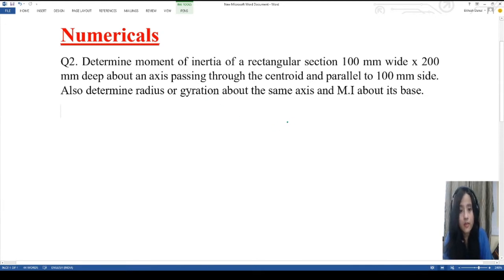So again, the geometrical section that is given to us is a rectangular section. So let us draw the section first. Rectangular section, let us name this rectangular section as A, B, C and D, right?